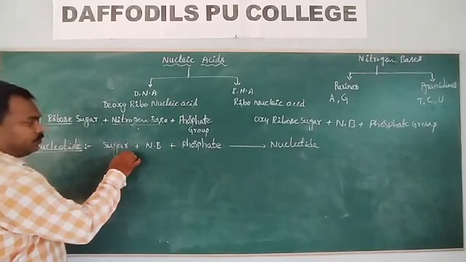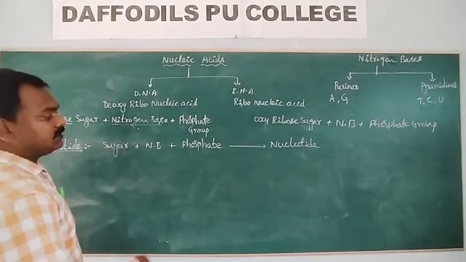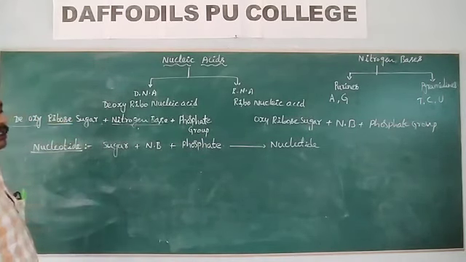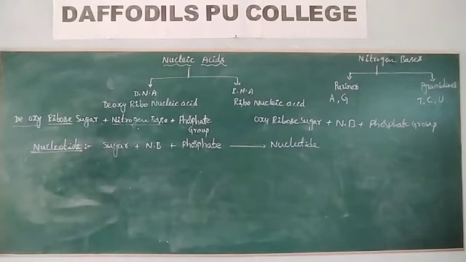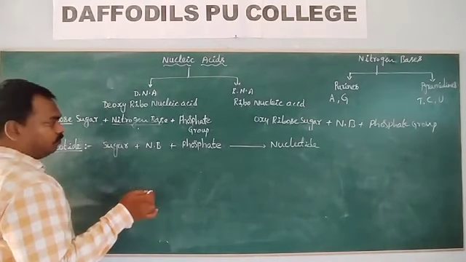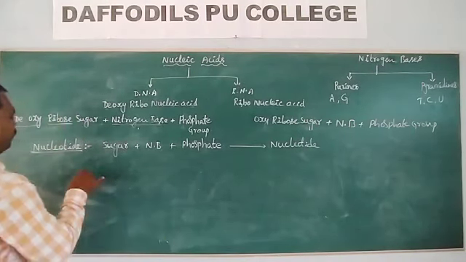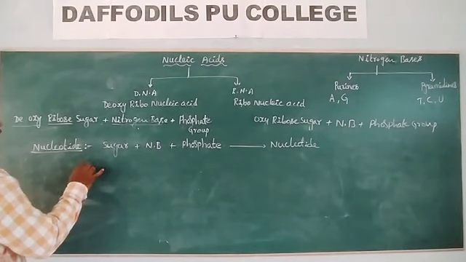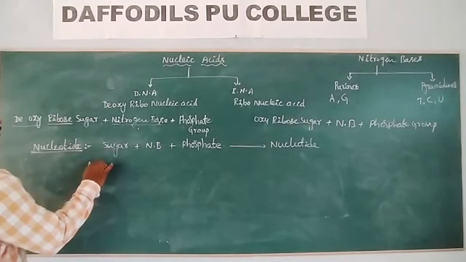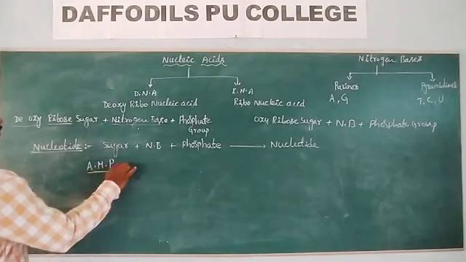Sugar, that means ribose sugar, a nitrogen base, and a phosphate group make a nucleotide. Now I am going to show you a simple nucleotide, adenosine monophosphate.